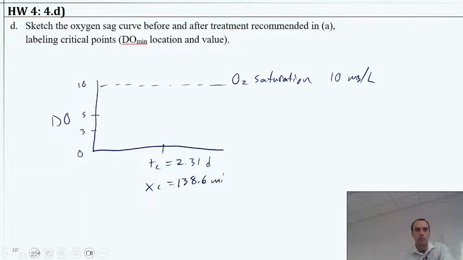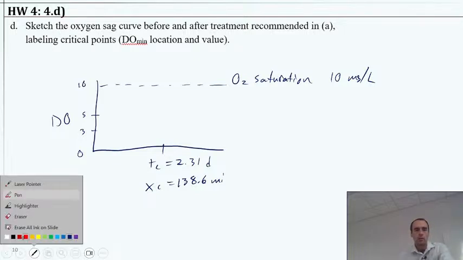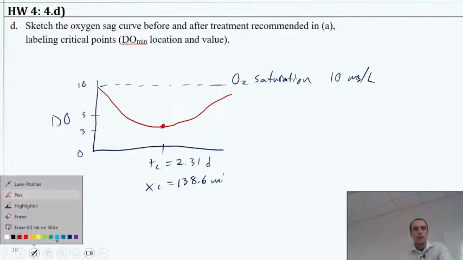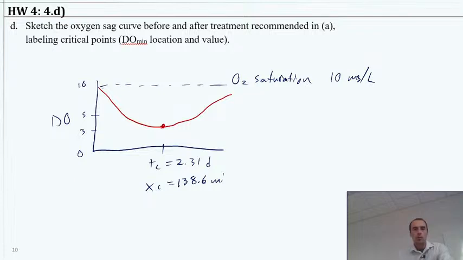We'll give that a nice red. So looking something like that, where that's our minimum point. And then the better case only goes down to 5 milligrams per liter.